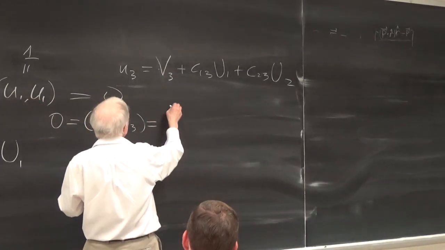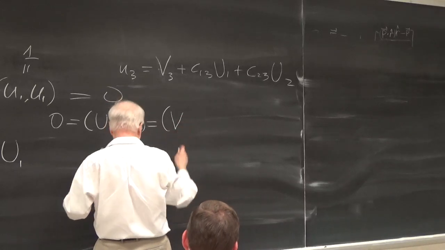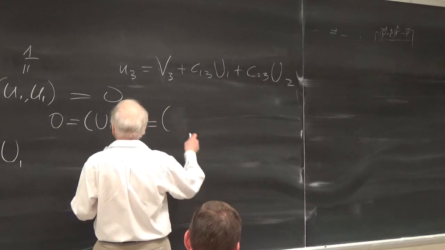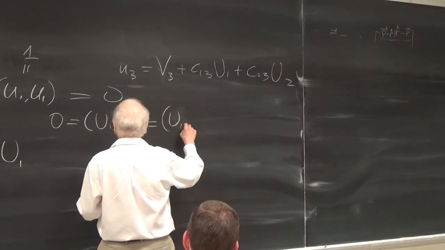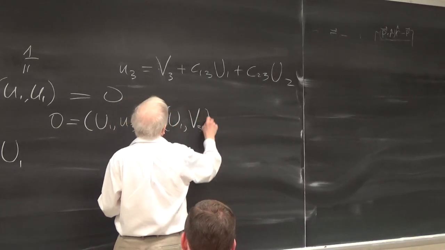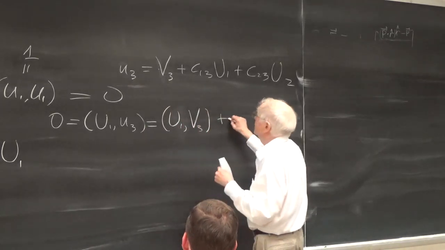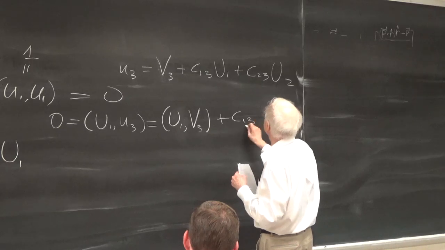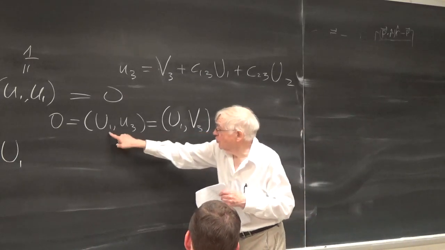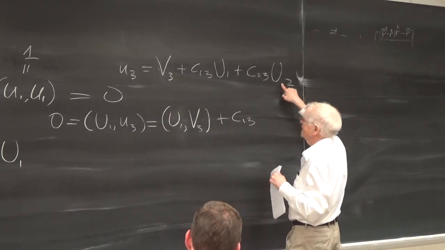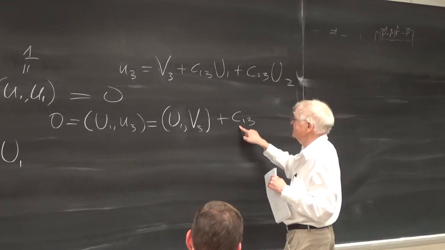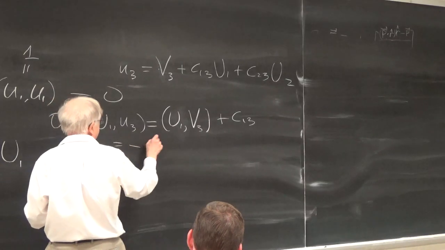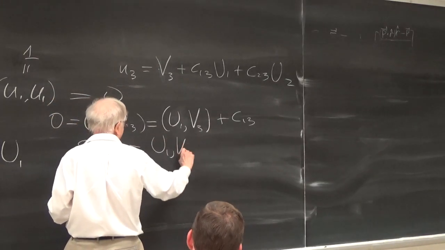So this is equal to the inner product of U1 with v3, plus, since U1 with U1 is just 1, c13, and U1 with U2 they're orthogonal. So this tells us right away that c13 has to be minus the inner product of U1 with v3.